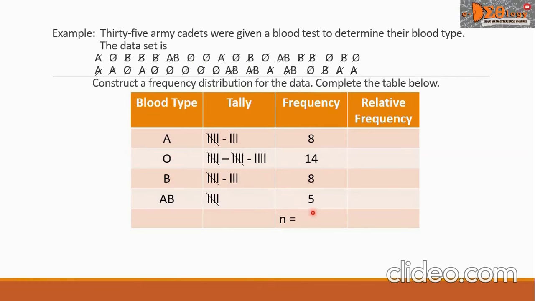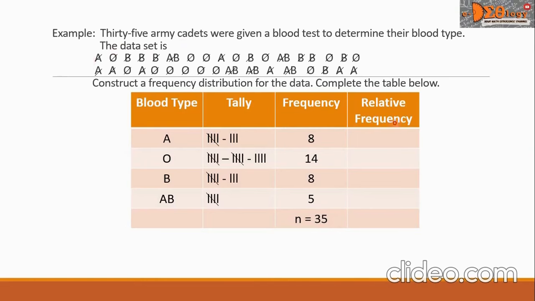And then let us compute for the summation. We will take the sum of all the frequencies, and this is equal to 35. This number must be equal to the number of data in our data set.